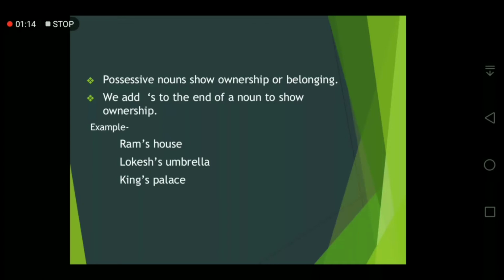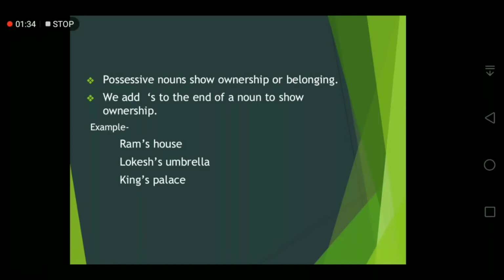So how can you show ownership? Just add apostrophe s to the end of a noun. If it is one noun word, you just add apostrophe s to show the ownership, whoever it is.